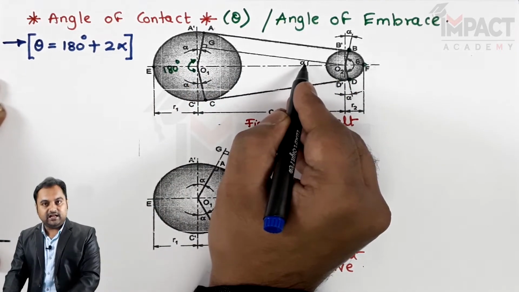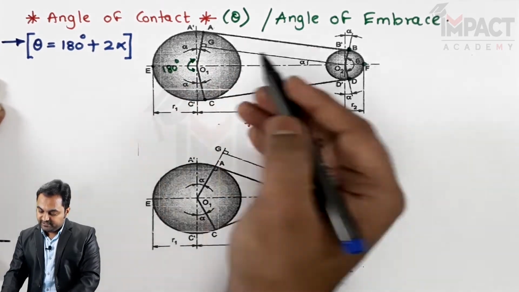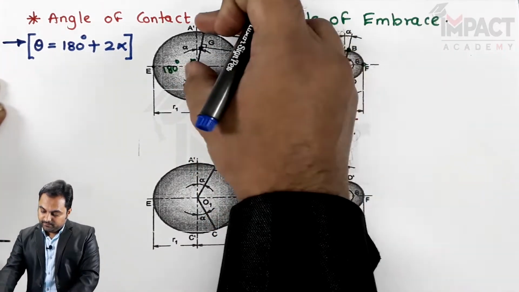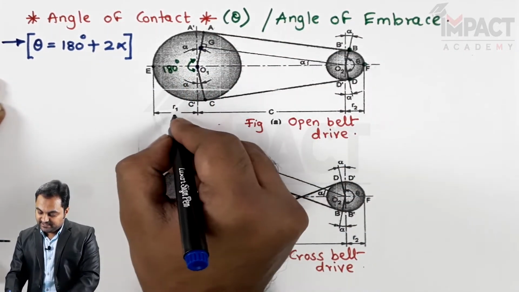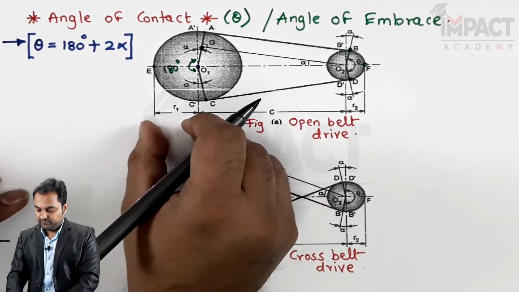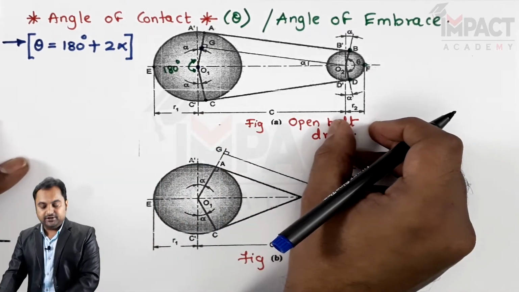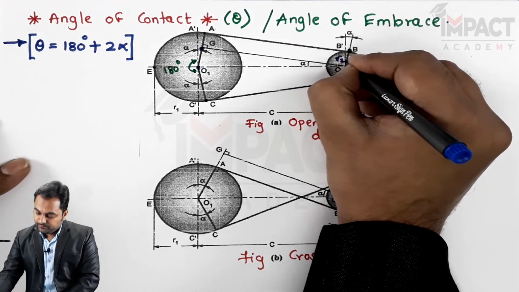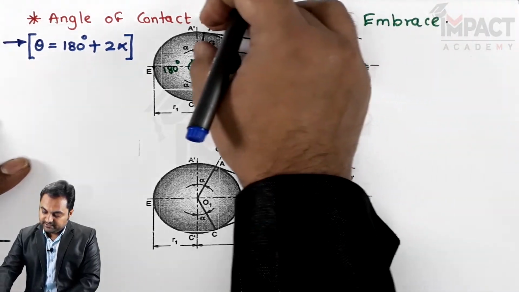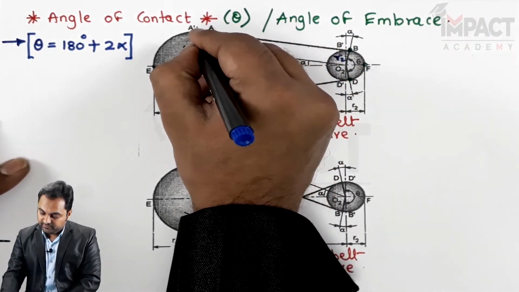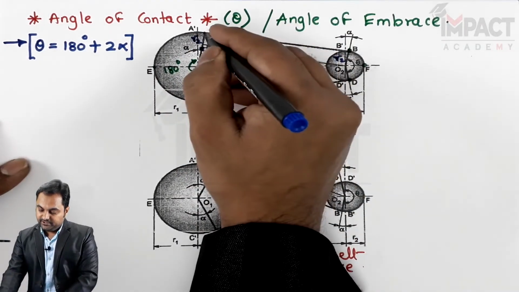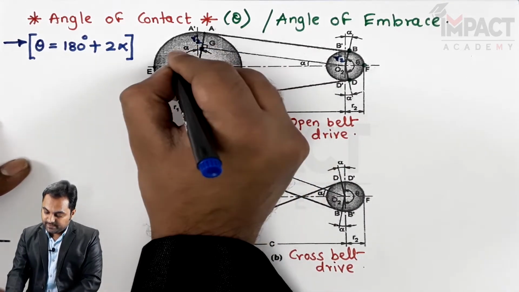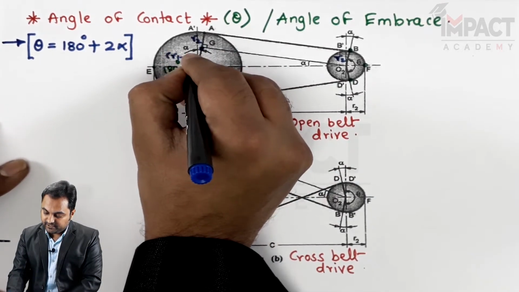Here there is angle alpha, and the opposite side is O1 up to G. In this diagram, R1 is the radius of the bigger pulley and R2 is the radius of the smaller pulley. So this smaller radius R2 has been projected parallelly up to the bigger pulley. The bigger radius is R1, so this side O1G is R1 minus R2.